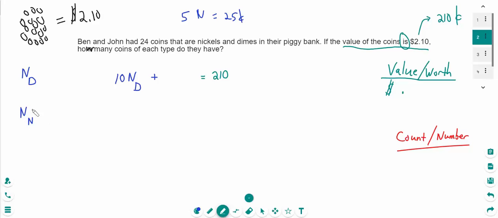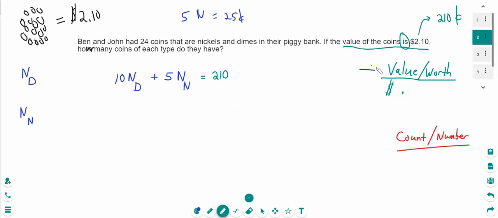Again, we don't know how many nickels there are, but to compute the value of the nickels, we would take 5, because a nickel's worth 5 cents, times the number of nickels, n sub n. So do you see how the value of the dimes, 10 times the number of dimes, plus the value of the nickels, 5 times the number of nickels, should add up to the total value of all of our coins, which they told us is 210 cents? All right, so there we have our first equation. And which one is it for?